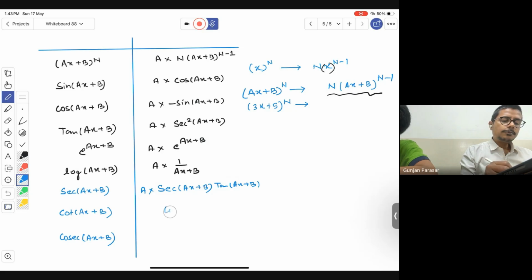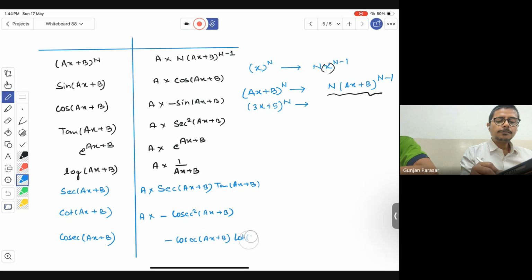So cot(ax + b) will be minus cosec^2(ax + b) multiplied by a. Cosec x was minus cosec x into cot x. So this will also be minus cosec(ax + b) into cot(ax + b), multiplied by a.